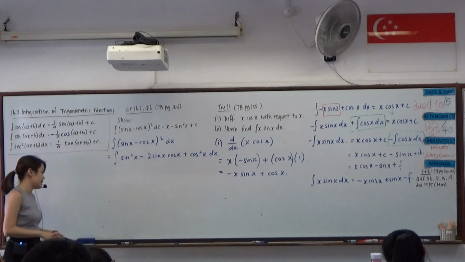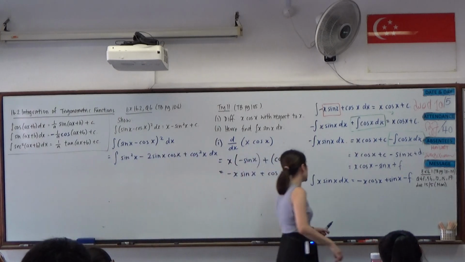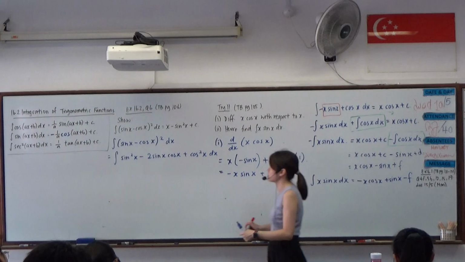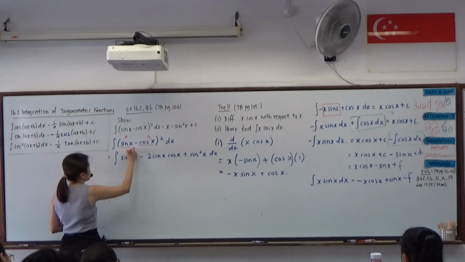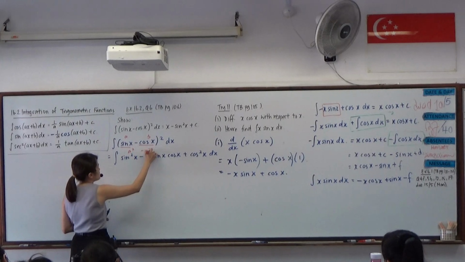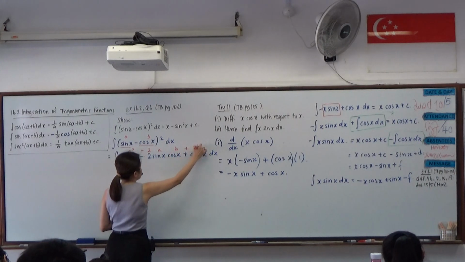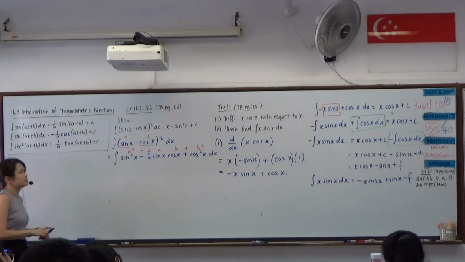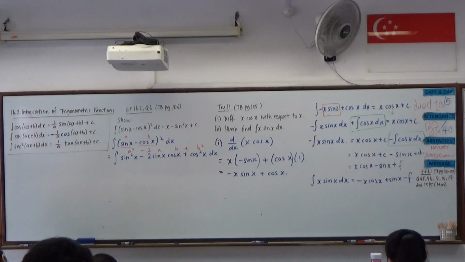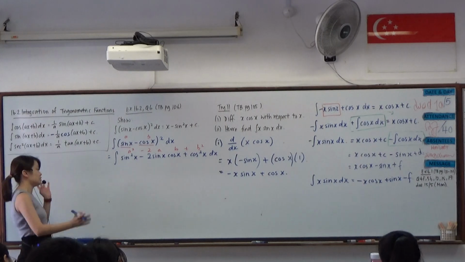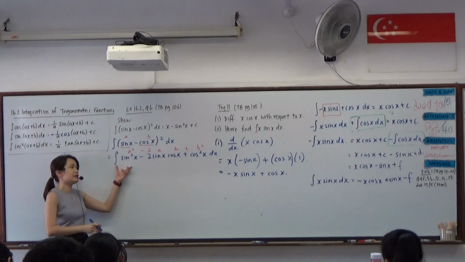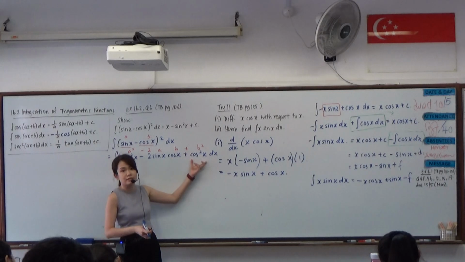I'm using a² − 2ab + b², so this is the a, this is the b. Upon expansion, we know that we don't have the skills to integrate sin²x, neither do we have the skills to integrate cos²x.